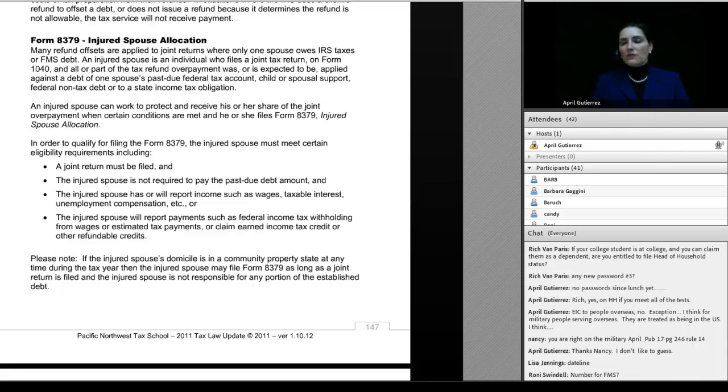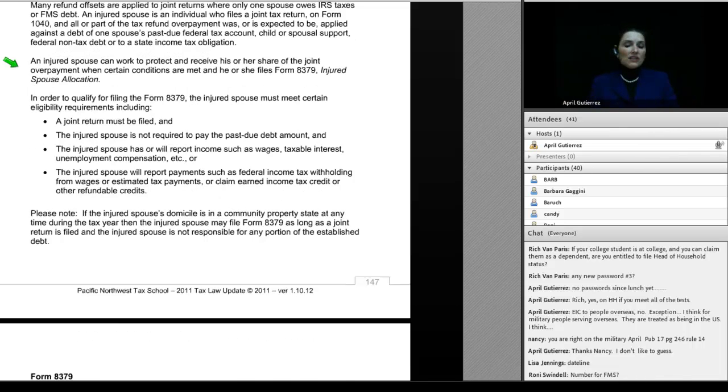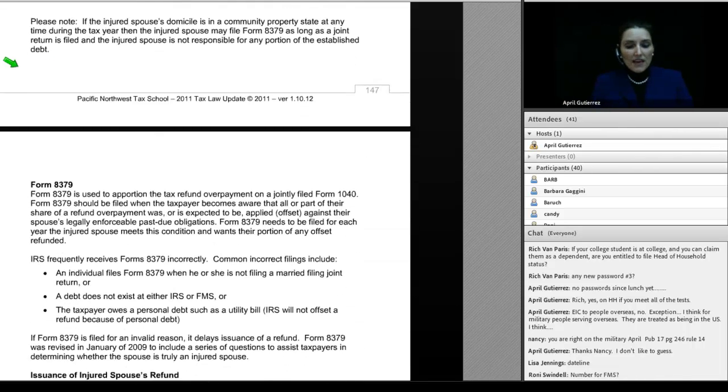An injured spouse is a person who files a joint return with a partner who owes the government money. And that tax return has a refund on it, and it's their refund, but they're not getting it because the government's taking their refund to pay their spouse's debt. Would that upset a few people? Okay, well, there is a solution, and it's called injured spouse.